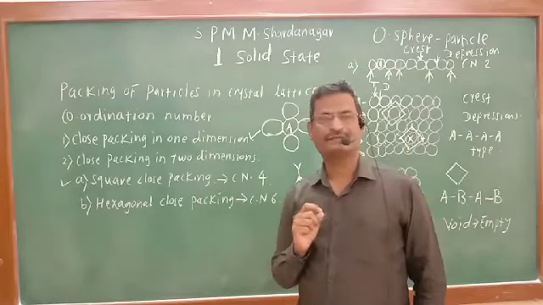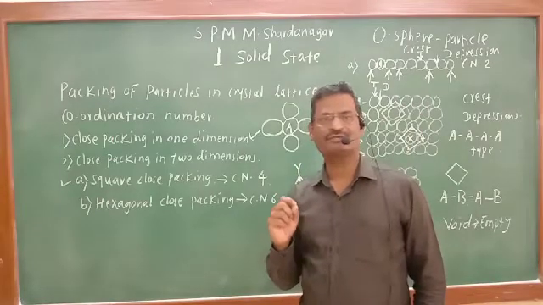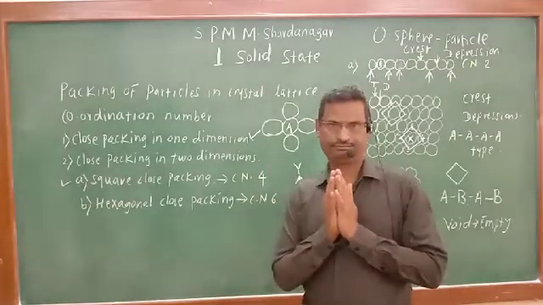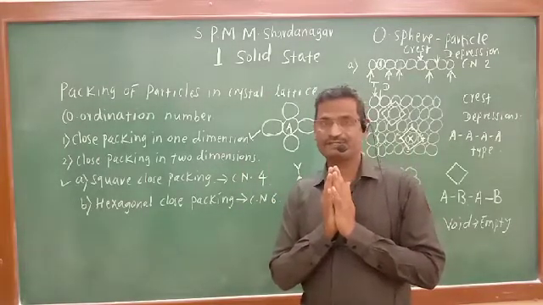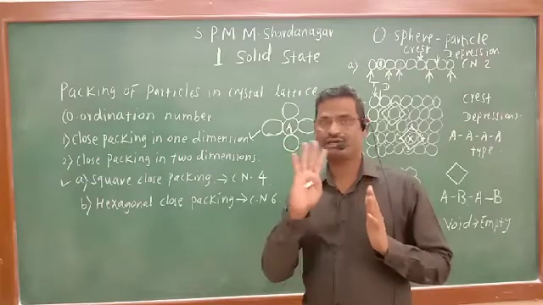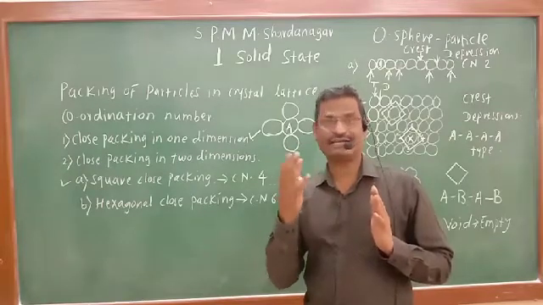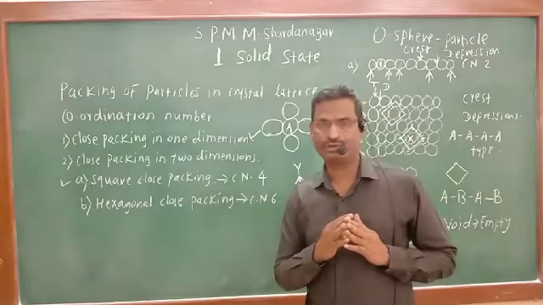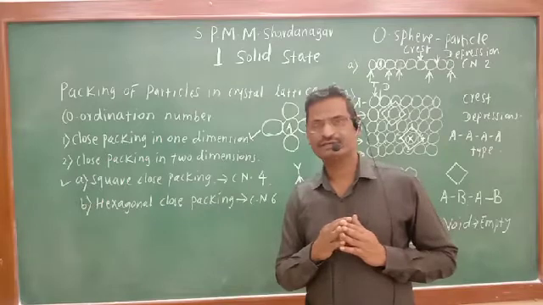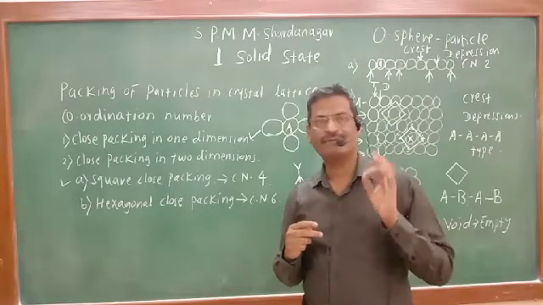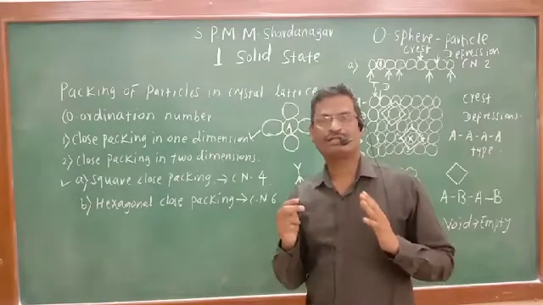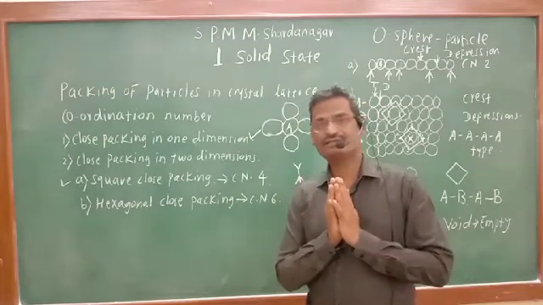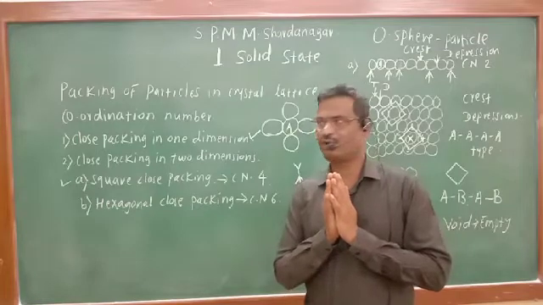Those particles, may be ions or atoms or molecules, are very close to each other, because which type of substances are we studying? We are not studying liquids, we are not studying gases, we are studying the pure crystalline solids. And we know that in the solids there may be atoms, ions or molecules, but they are very, very close to each other, such that the distance between them cannot be measured.